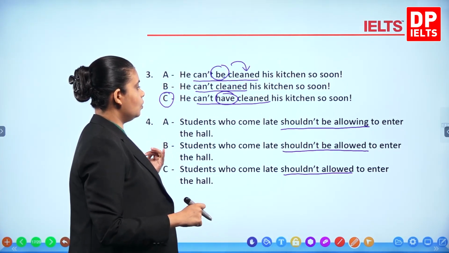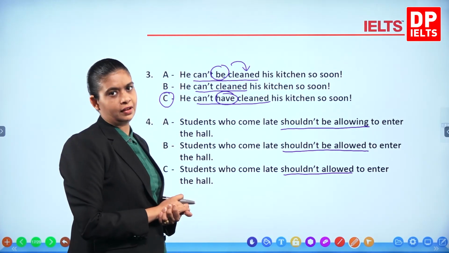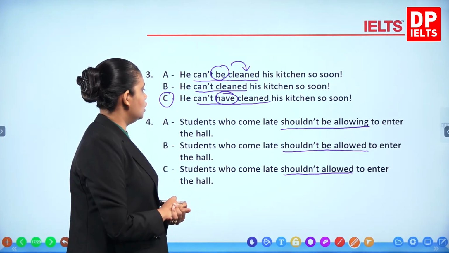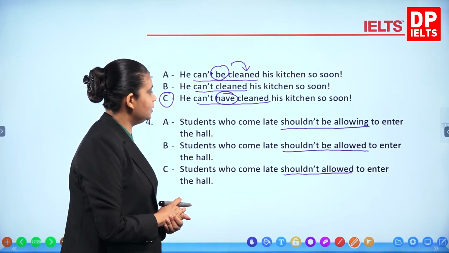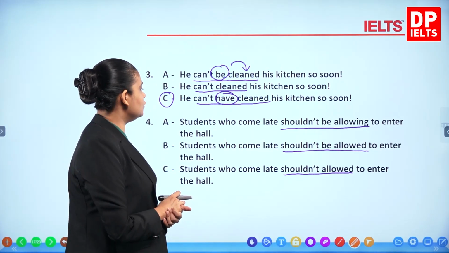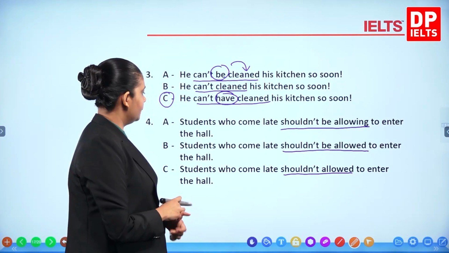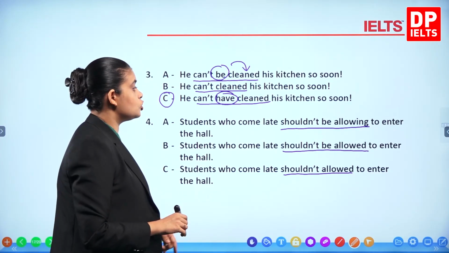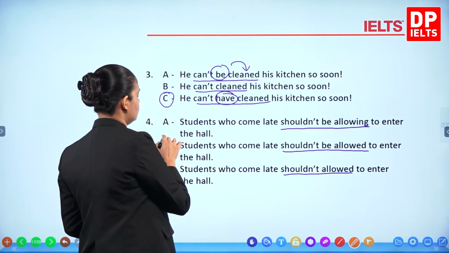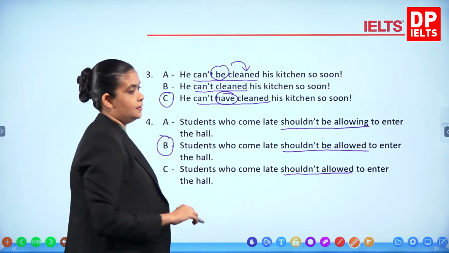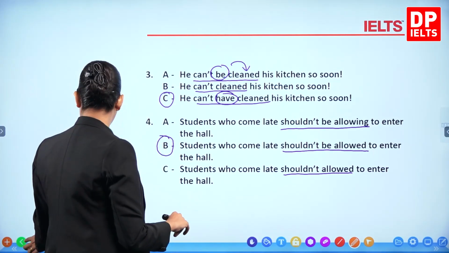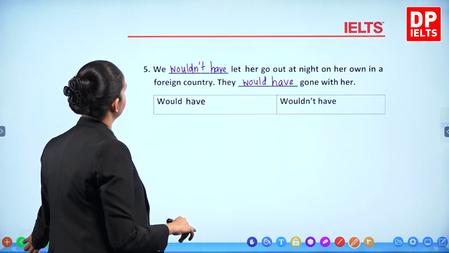So, shouldn't be allowing. Do you think that's correct? Can we say that? No, we can't. Students who come late shouldn't be allowed. Yes, you could say that in the passive form, right? Passive voice. This one here.